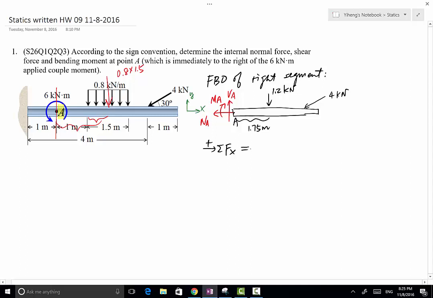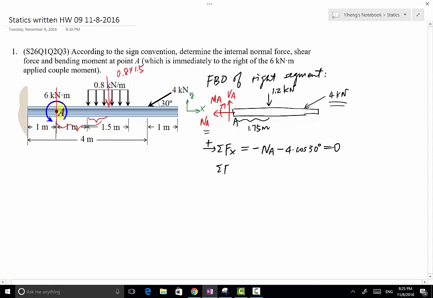Therefore, my normal force is actually negative. So the normal force was drawn according to the sign convention for internal reactions. But when we are adding the forces up according to the sign of the chosen coordinate system, you still have to follow that. Therefore, normal force is negative. And then we have the x component of this 4 kilonewton, and that is negative 4 times cosine 30 degrees, equals 0.